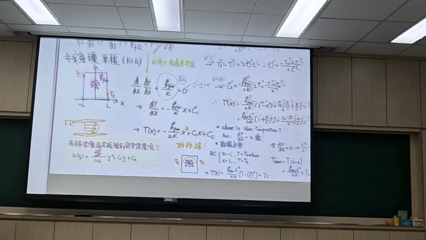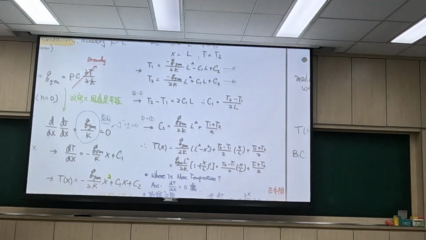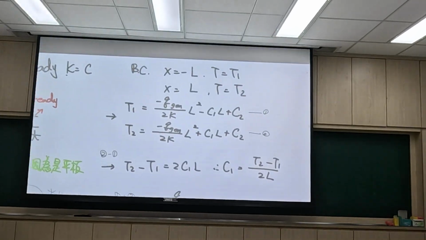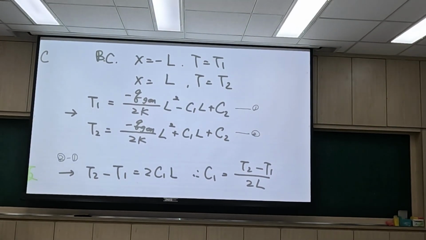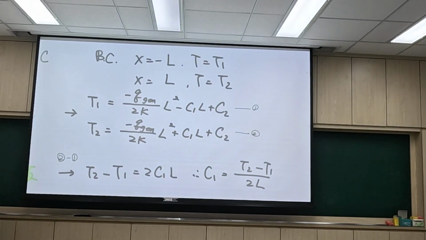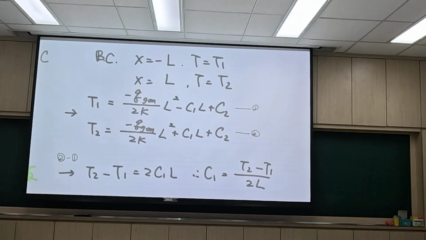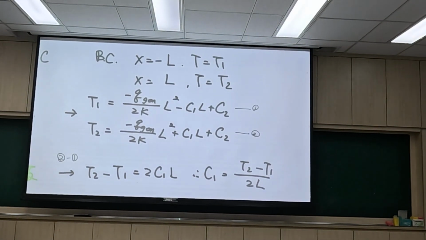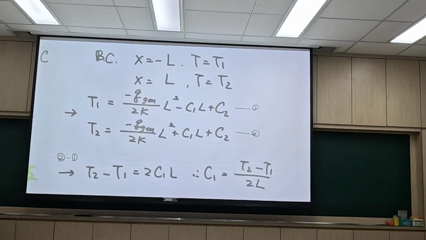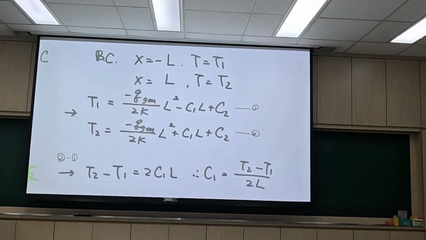Okay, let's start again. If you want to know C1 and C2, apply the boundary condition. When x equals minus L, the T will equal T1 on the surface, and when x equals L, T equals T2 on the other surface. When you put it back into the equation, you get two new equations.